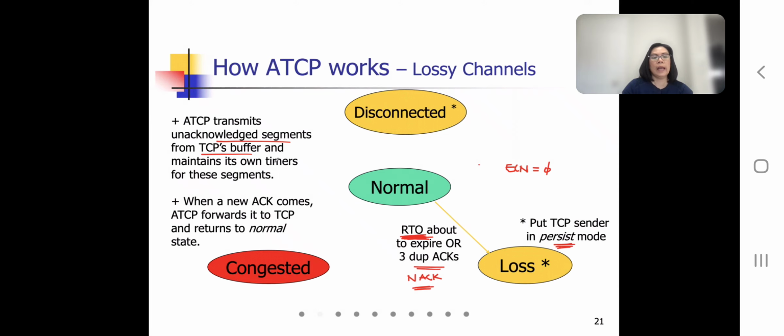And then ADCP maintains its own timer for the segments, for this segment and this segment, because if it expires again, ADCP will do the same thing: retransmit and maintain the timer, and then retransmit again.